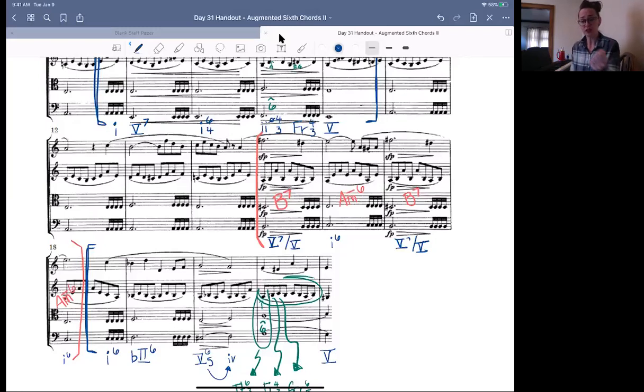So if you look at what the cello is doing, maybe the cello thinks it's a deceptive cadence. Because it moves up by step from this temporary 5 to temporary 6 if we're expecting to tonicize E. So we get deceptive motion in the lowest voice that subverts what would have been a pretty easy way to tonicize 5.